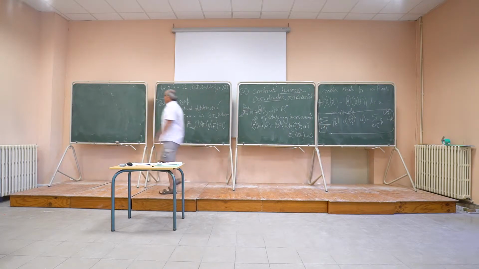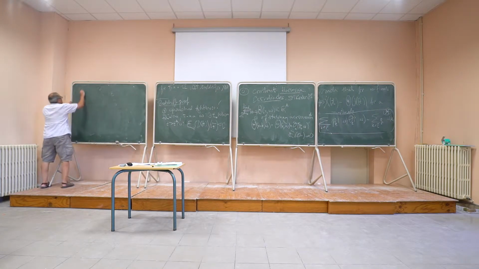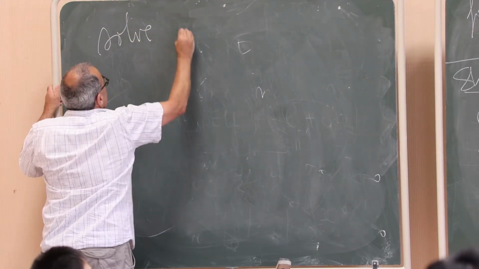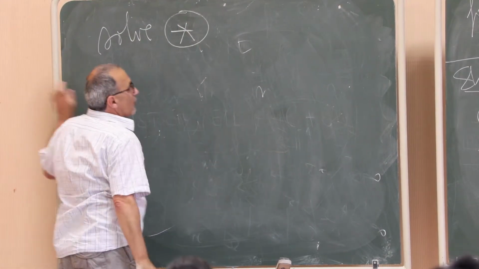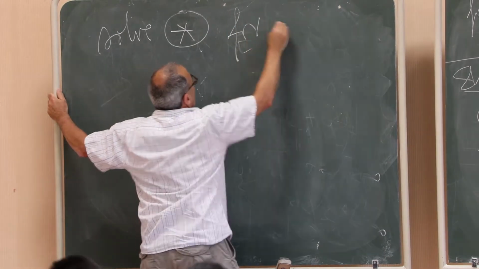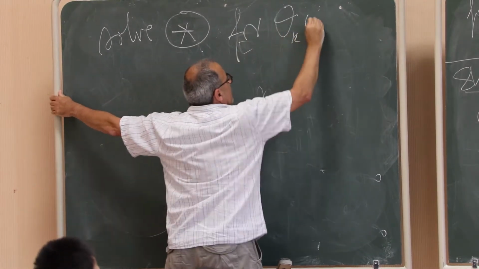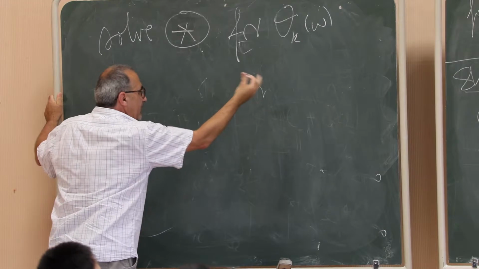Solve for theta k omega being a gradient.